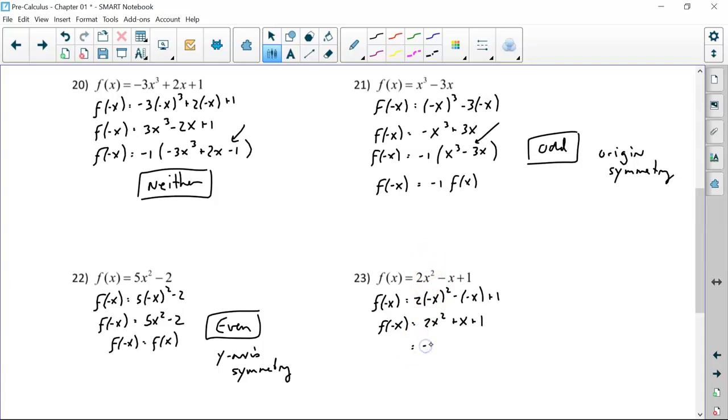Let's see if we can factor out a negative. You get a negative 2x squared, a minus x, and a minus 1. That is not what we started off with in the parentheses, so it is neither even nor odd.